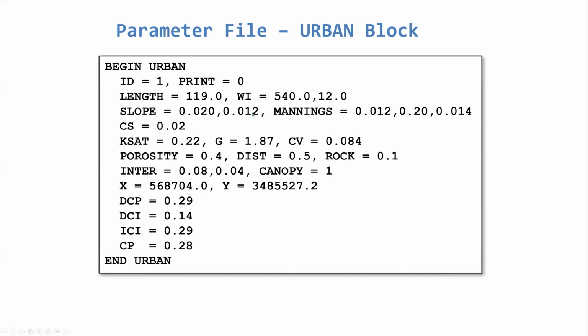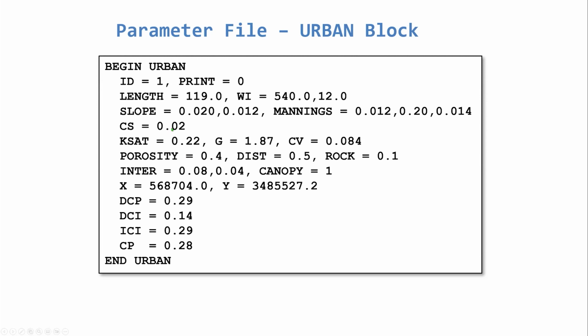So it would act like a crowned street. And then you've got different Manning's values for different characteristics. If I recall correctly, this is for the impervious area, for the infiltrating areas, and for the street.